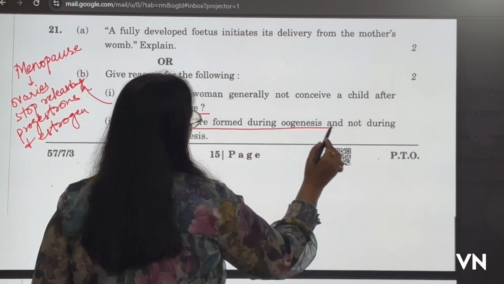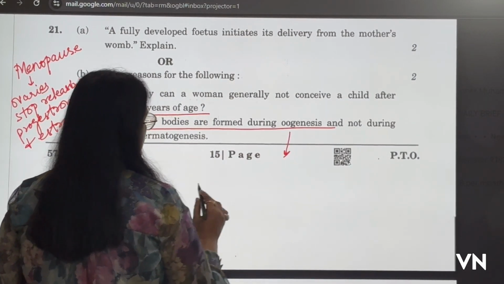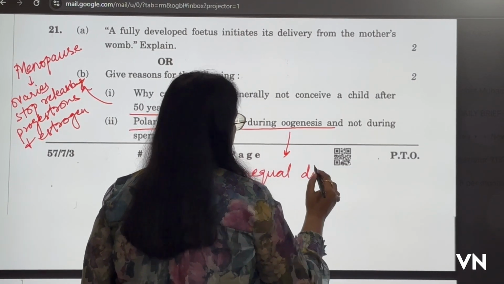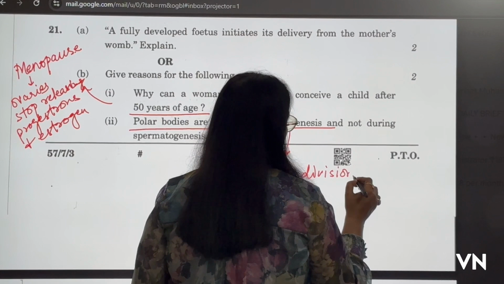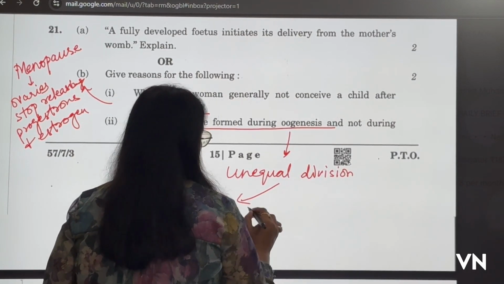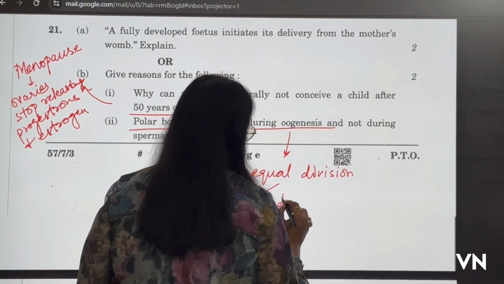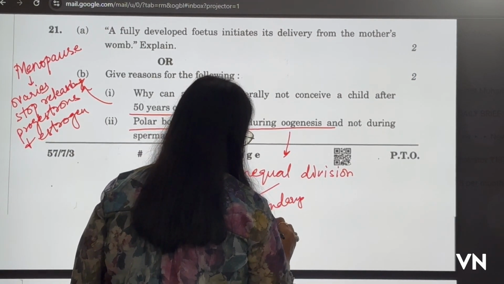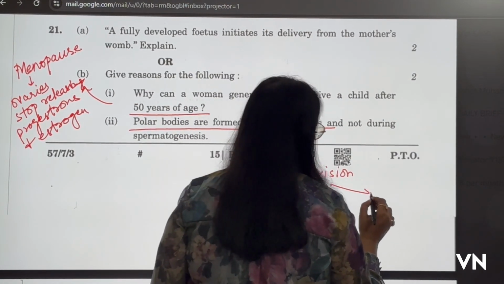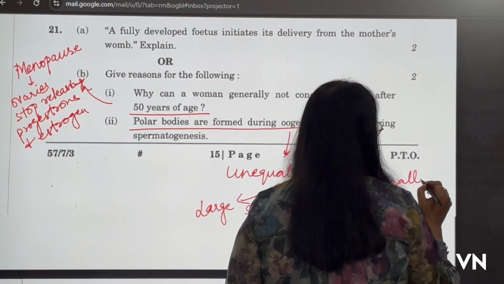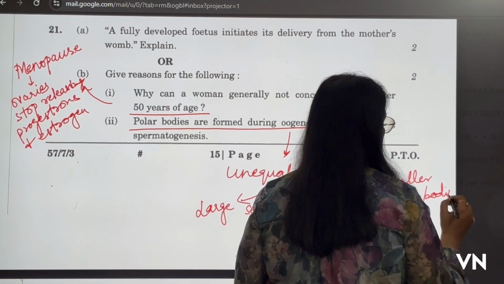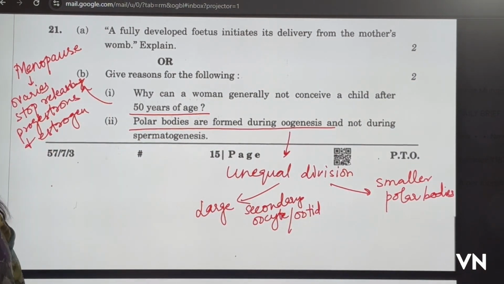Polar bodies are formed during oogenesis and not during spermatogenesis. The answer is unequal division gives rise to a large secondary oocyte, or you can say ootid later on, and smaller polar bodies in both of the divisions, first meiotic division and second meiotic division.